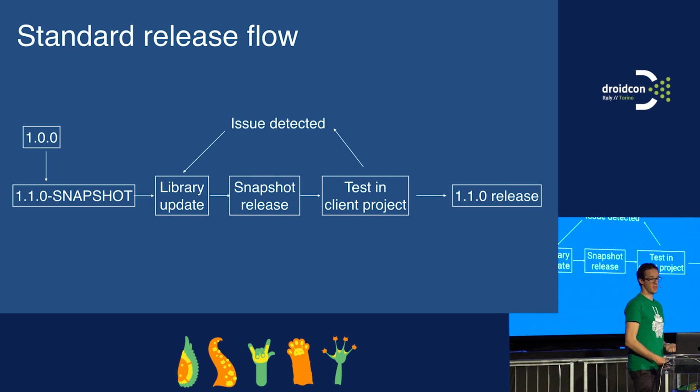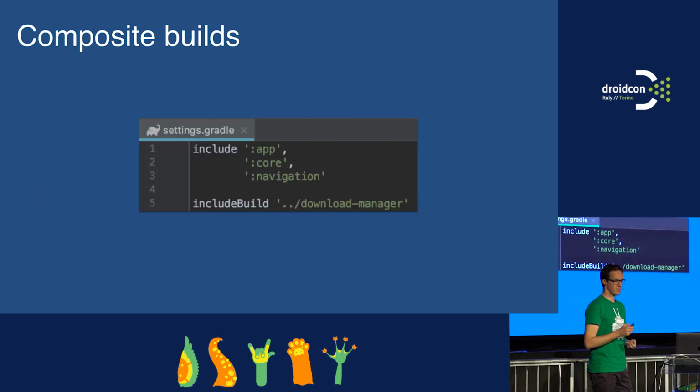This is very time consuming, especially the library update, the version update every time, and then doing a snapshot release for every single build. Something that was recently introduced by Gradle is the use of composite builds. Composite, I never remember how to pronounce it.